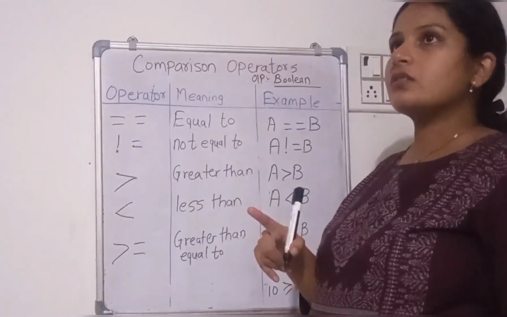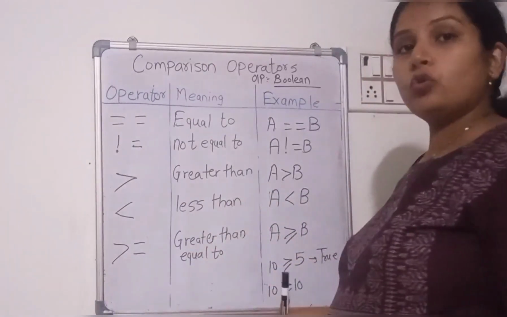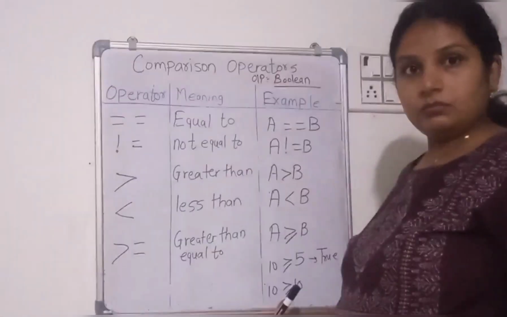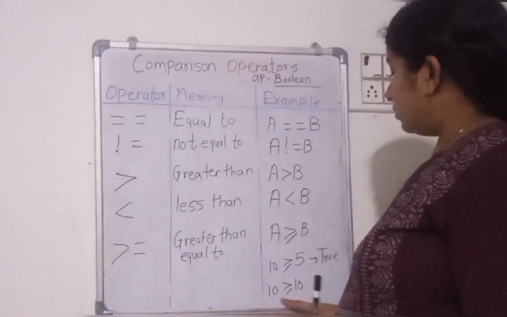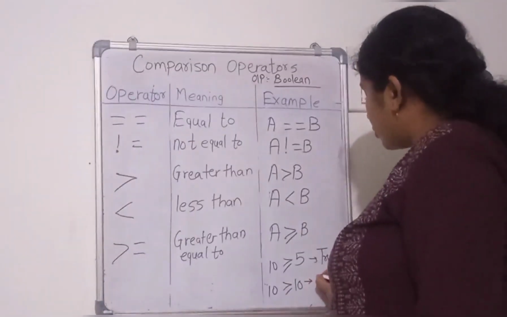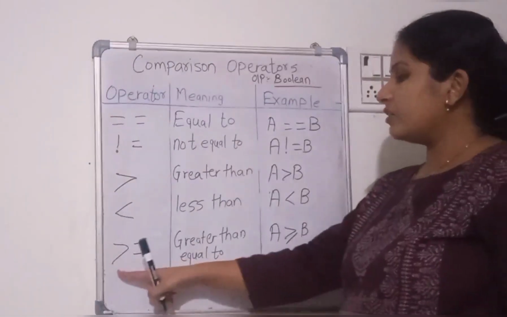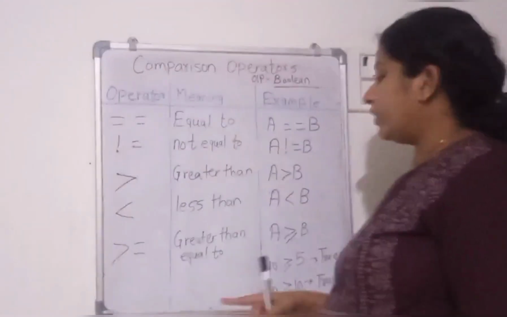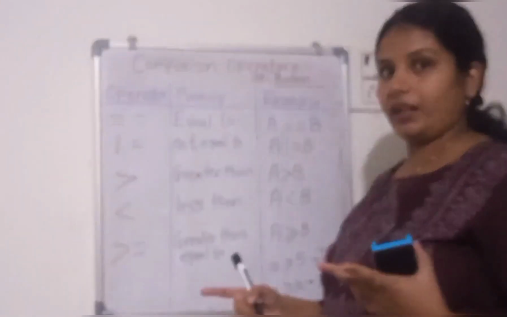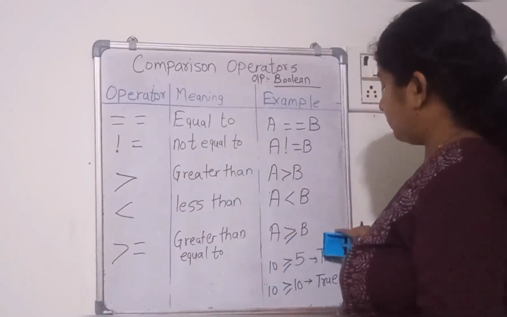So 10 is not greater than 10 but it's equal. So the equal to condition is satisfied. So in this case also your output is true. So by using this operator we can check two conditions at a time. It could be greater and it could be equal also.